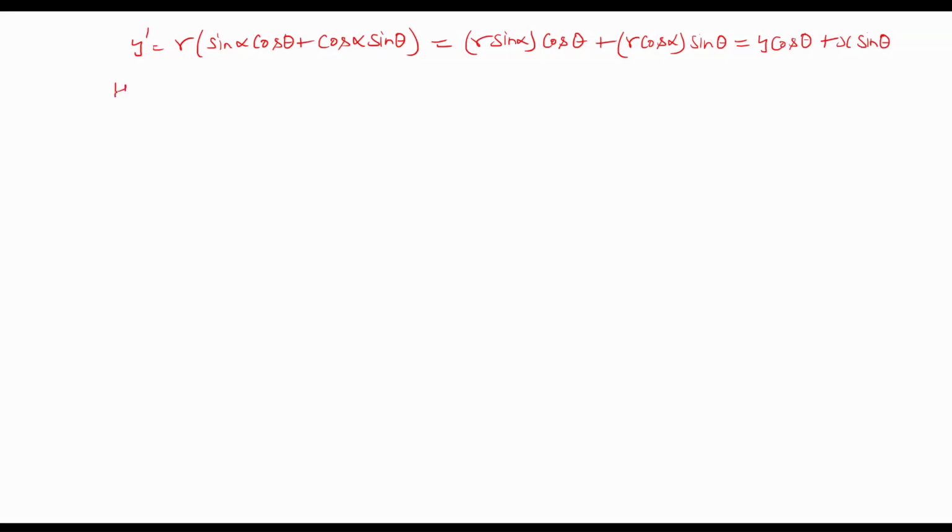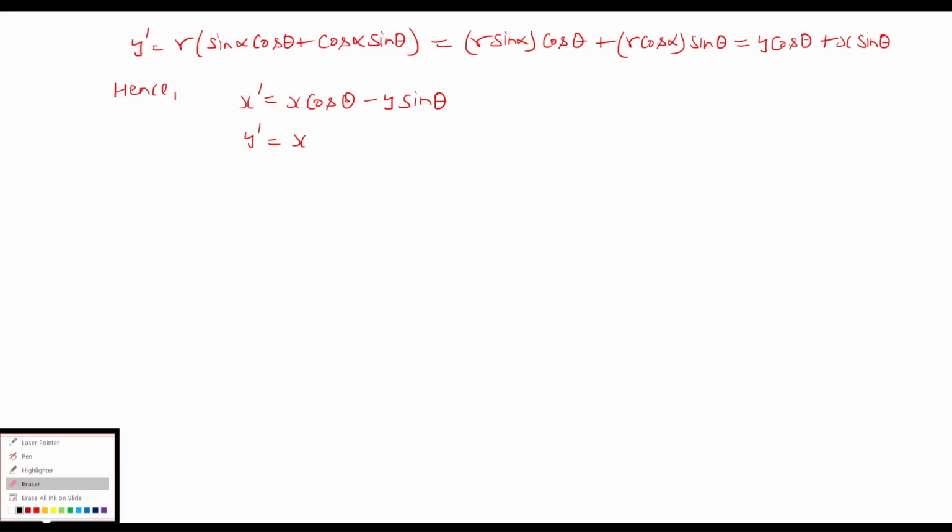Okay, so hence we got x dash is equal to x cos theta minus y sin theta, and y dash is equal to x sin theta plus y cos theta.